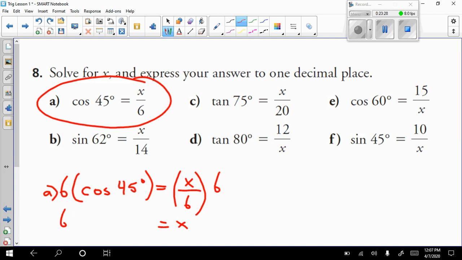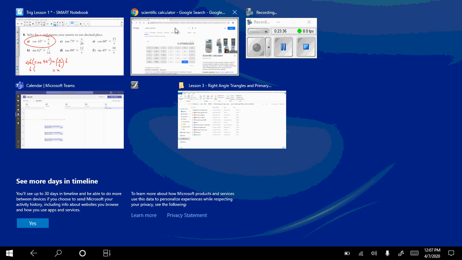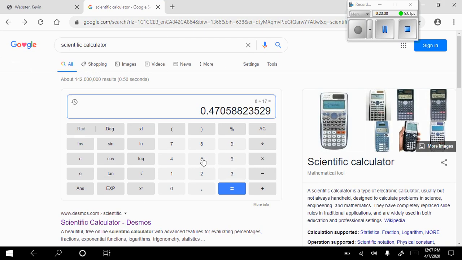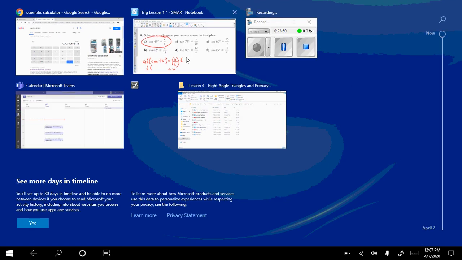I'm going to do part of this already. I'm going to go to my calculator and figure out what cos of the angle 45 is. I'll clear it, type in cos of 45, and hit equals. And it's 0.7071. So I'm going to write that in here.